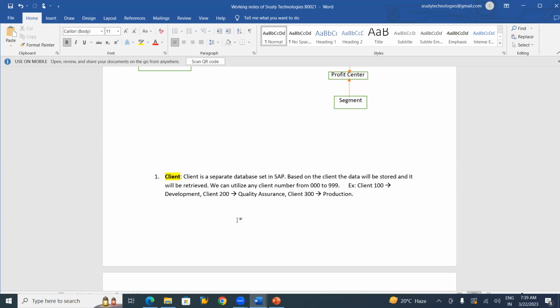Means the complete data, user access data, master data, transactional data will be stored under the client, right? We can store it and we can retrieve the data according to the required order.